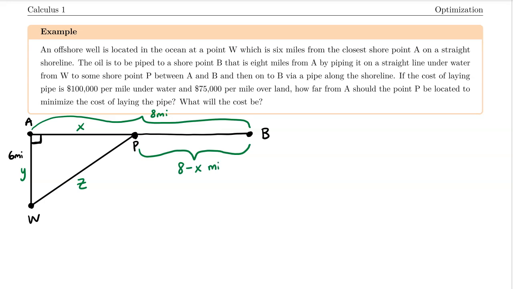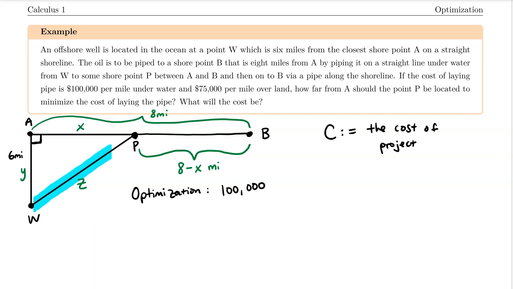So now we want to go ahead and define some variables. I'm going to say let C equal the cost of this project. And I want to come up with an optimization equation now. The cost of the project: it costs $100,000 per mile underneath the water, which is from here to here.